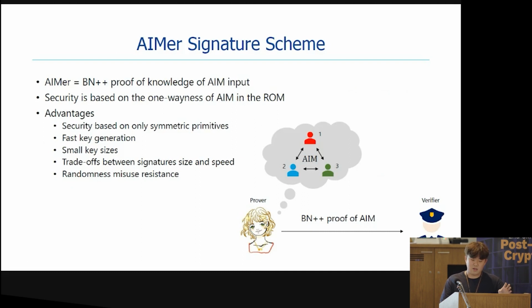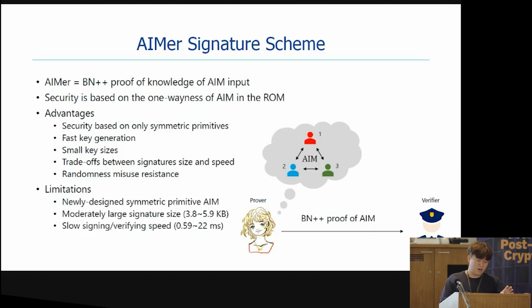The security of AIMer is solely based on symmetric primitives and it has fast key generation, because it's just a symmetric key evaluation, and it has small key size and trade-offs for the MPC-in-the-head paradigm. And there is randomness misuse resistance.